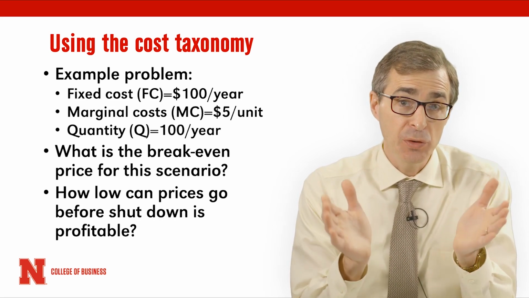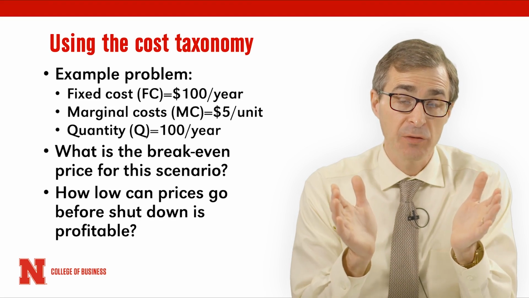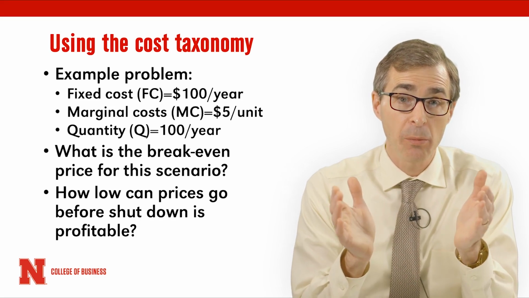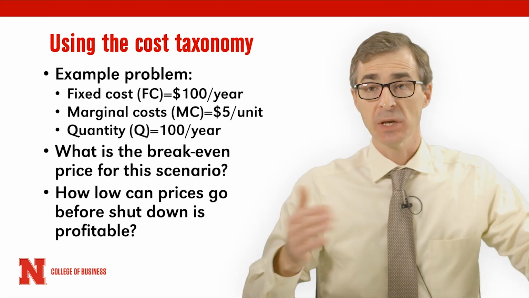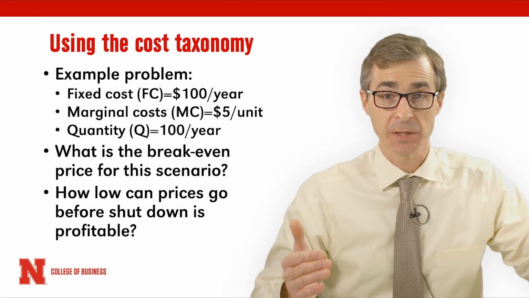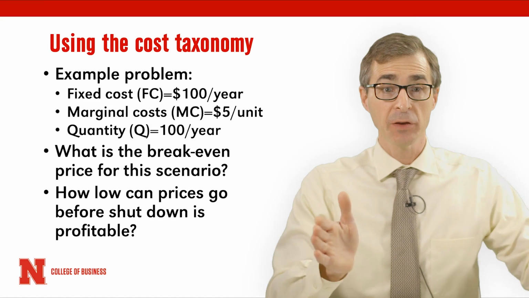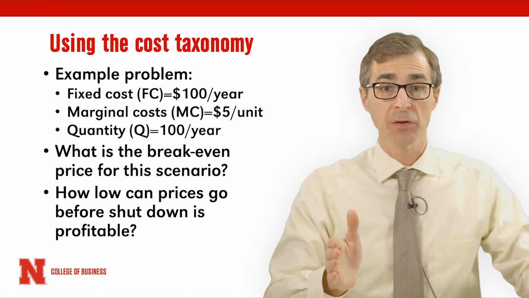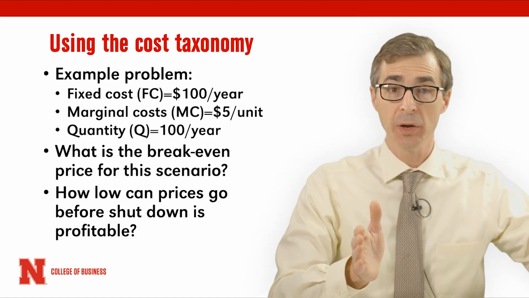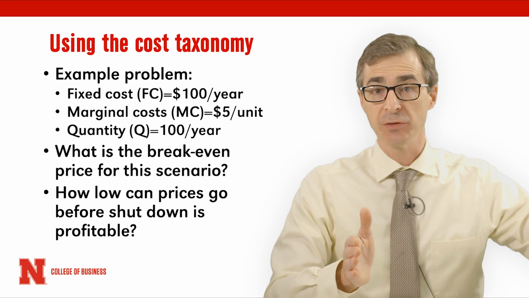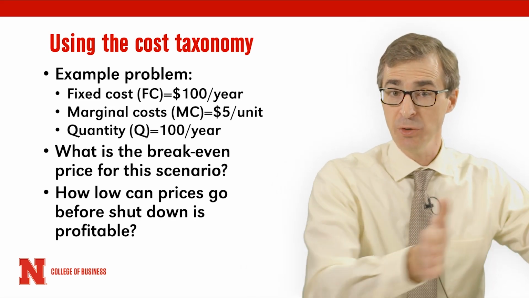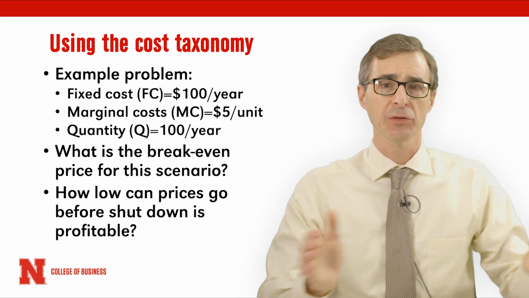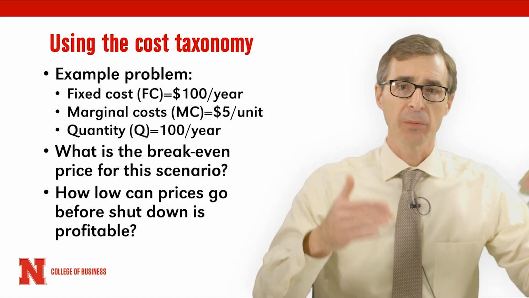If we can produce and sell these products for $5 a unit or more over the short run, we should continue producing them. Let's say we can sell them for $5.50 a piece. Over the next one-year period, that's going to be a good decision. We ought to go ahead and produce 100 units, sell them at $5.50, even though we are incurring marginal costs of $5 per unit.